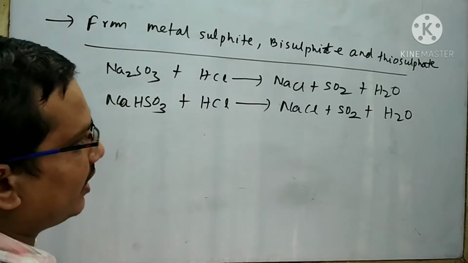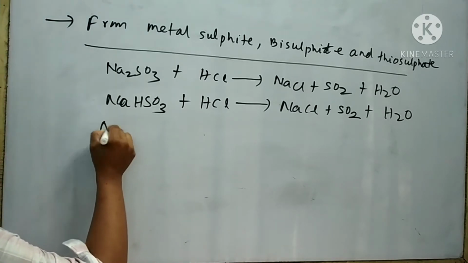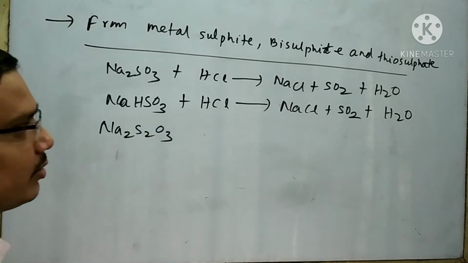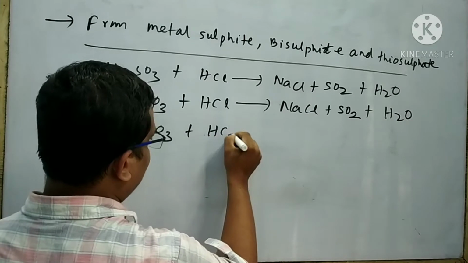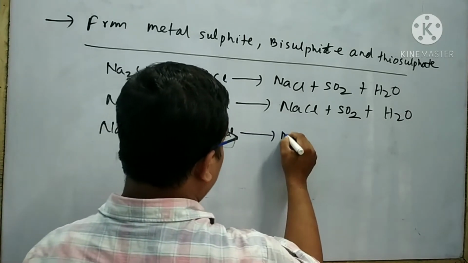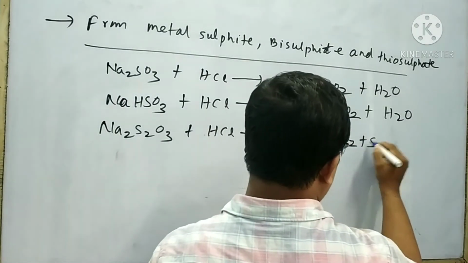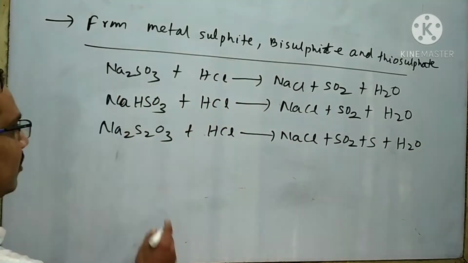Similarly, suppose I take an example of metal thiosulfate, that is Na2S2O3, sodium thiosulfate. When sodium thiosulfate reacts with HCl, then sodium chloride, sulfur dioxide, sulfur and water are formed.